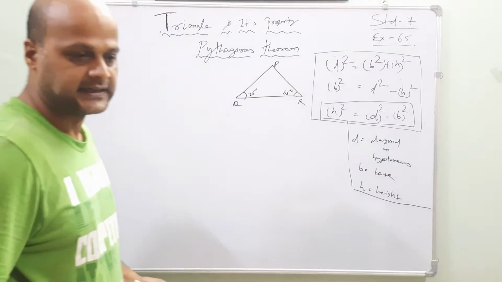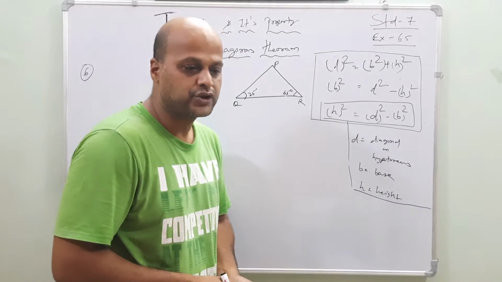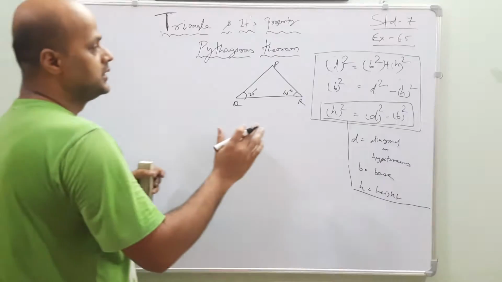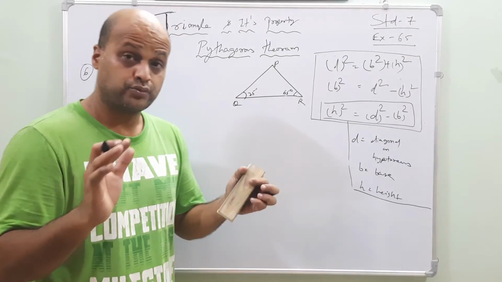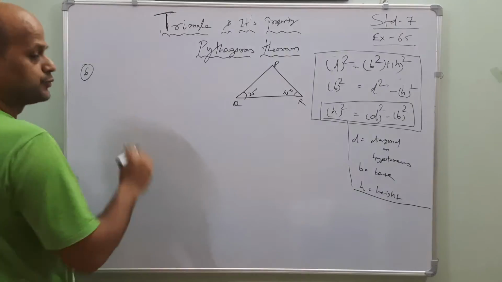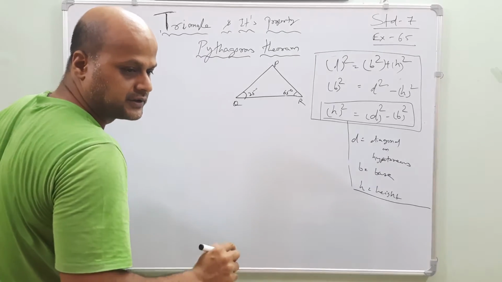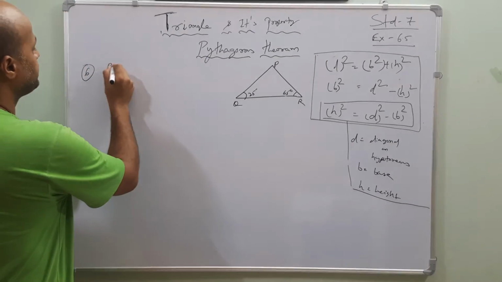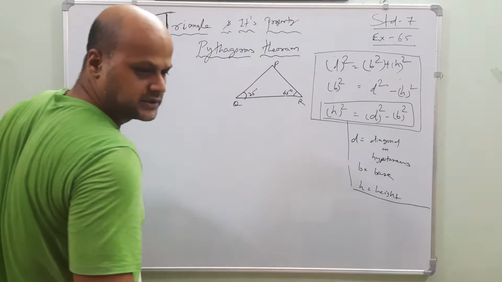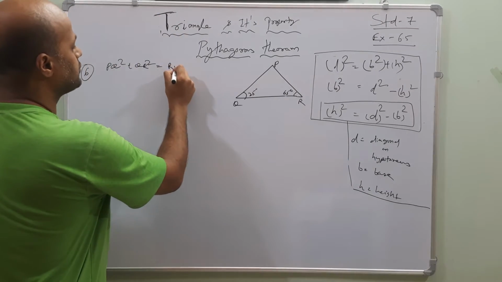Now it is asking to write which of the following is true. Here 3 options are given. The first option is PQ square plus QR square is equal to RP square.